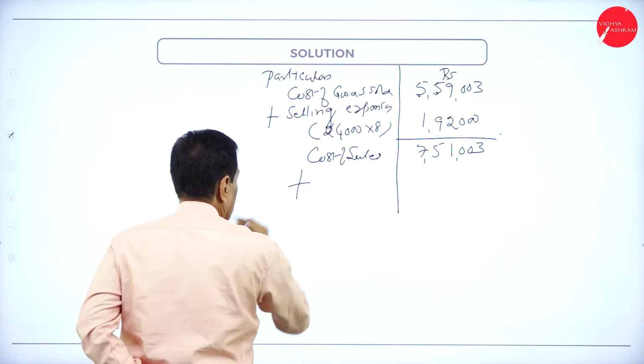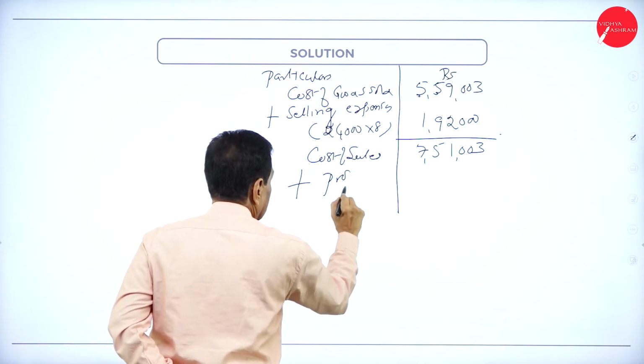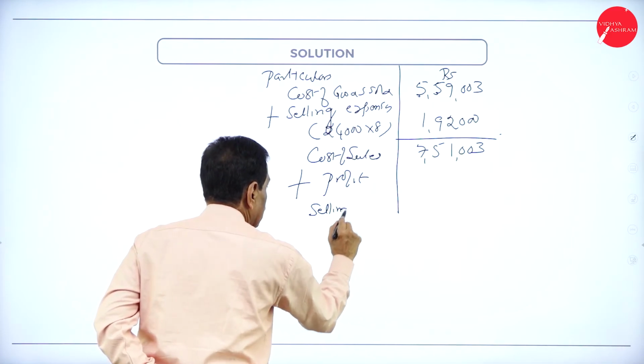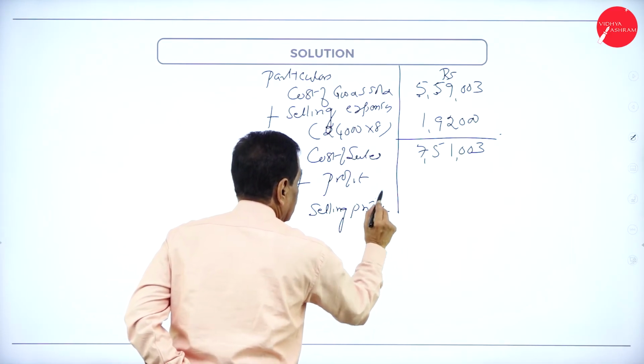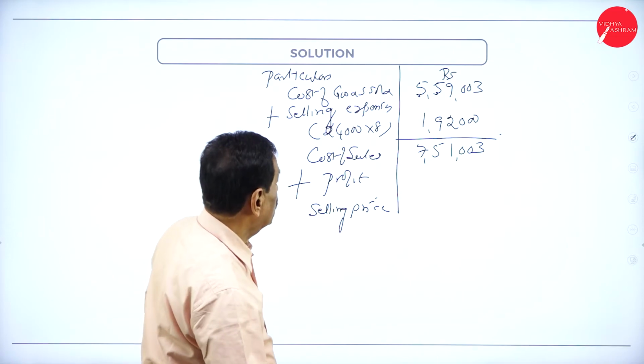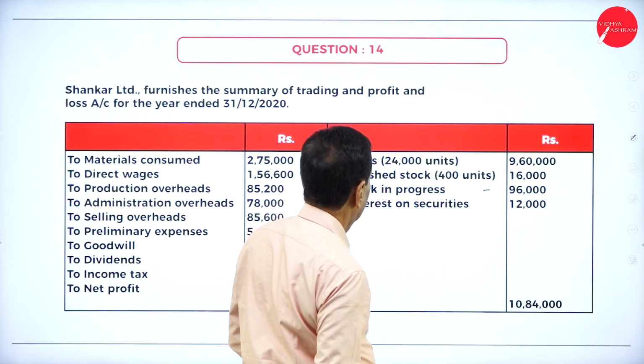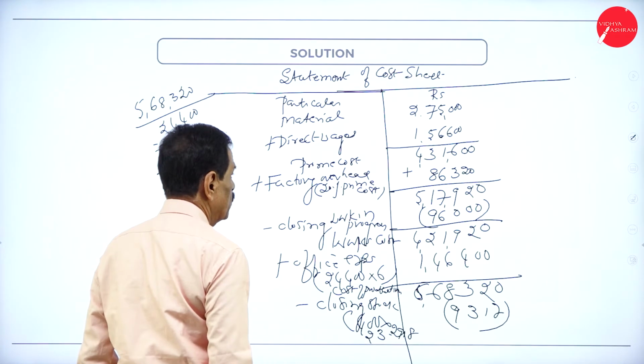Plus profit, that is the selling price. What's your selling price now? 9,60,000.